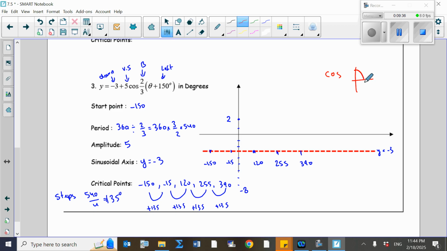High point, mid, low, mid, high. So the first critical point is a high point. Then you have middle. Then you have a low point at negative 8. It was right here, sorry. So it's here. Then you have a middle point, and then you have a high point. Now you're going to create the curve. Connect all these points. So this is your function.